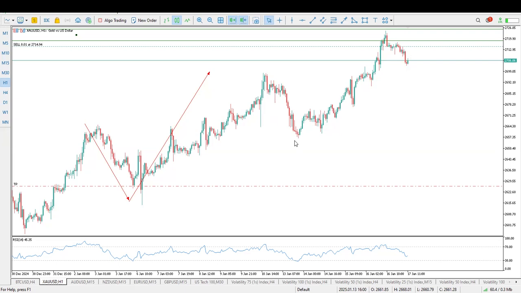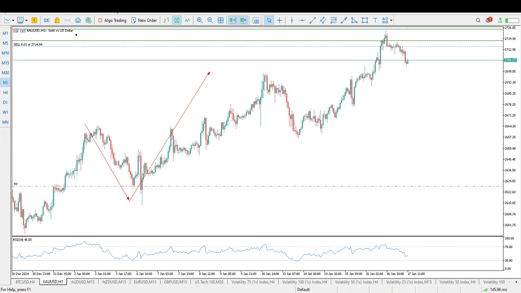Did you notice that as the market is pushing up, it's forming more green candles, but as the market is pushing down, it is forming more red candles?